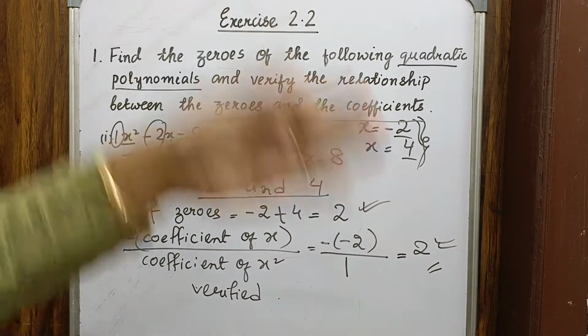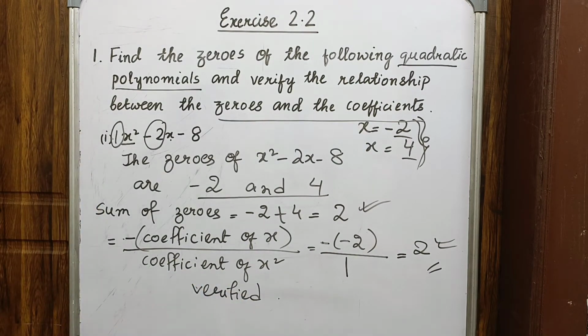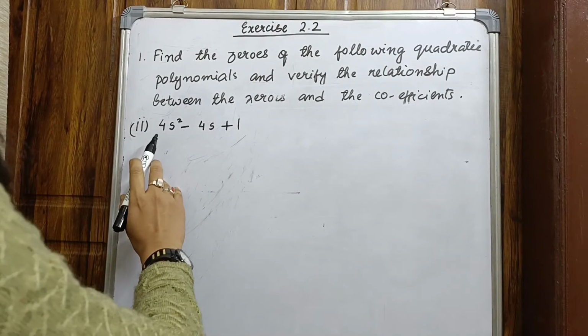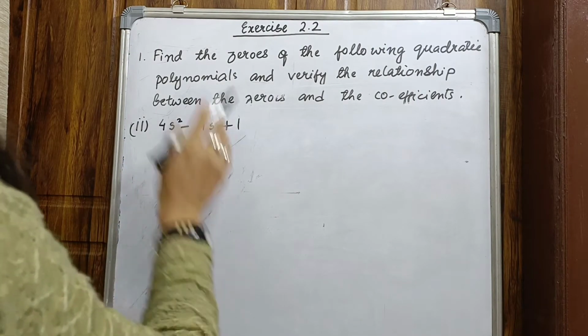Now we will do it the same way for question number 2. The next quadratic expression is 4s square minus 4s plus 1.